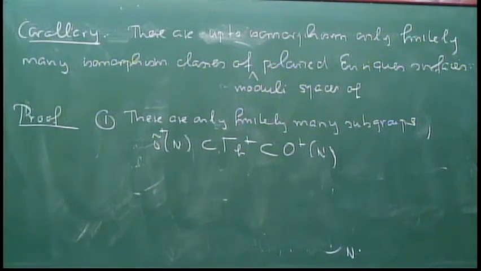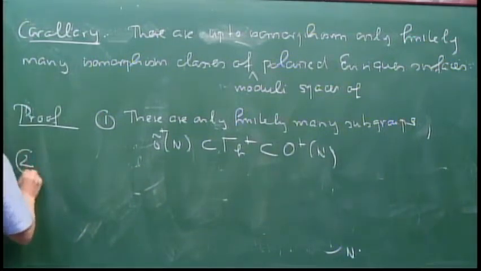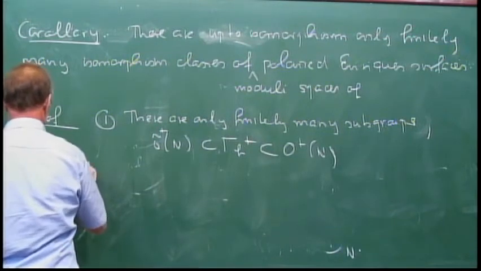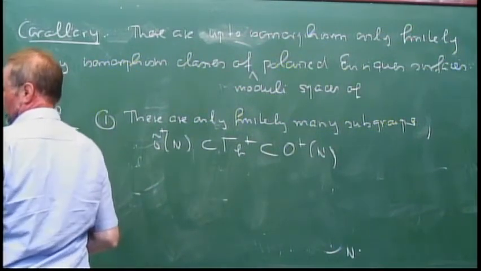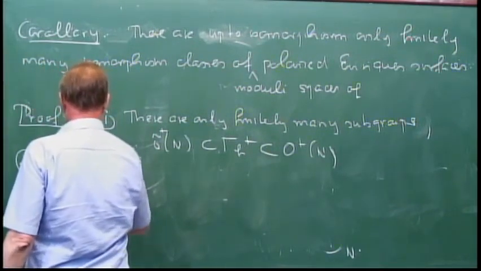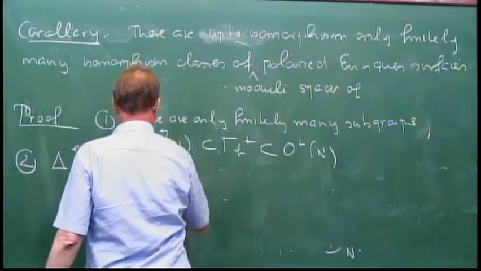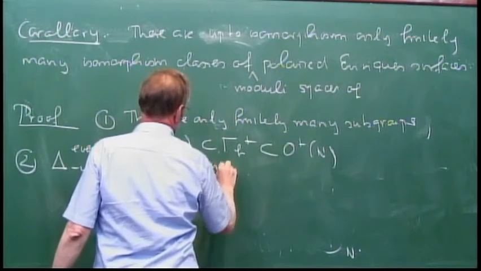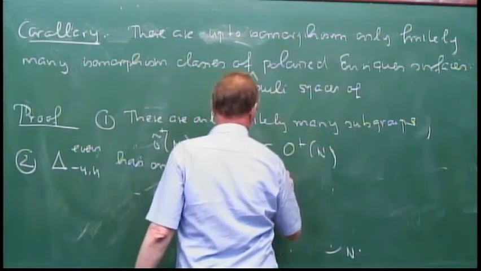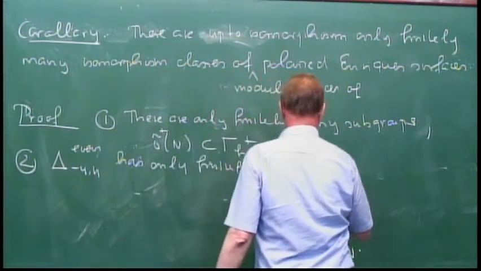And then you remove some hypersurfaces. These might still depend on H itself. But the next remark is that delta minus 4, H even has only finitely many components.